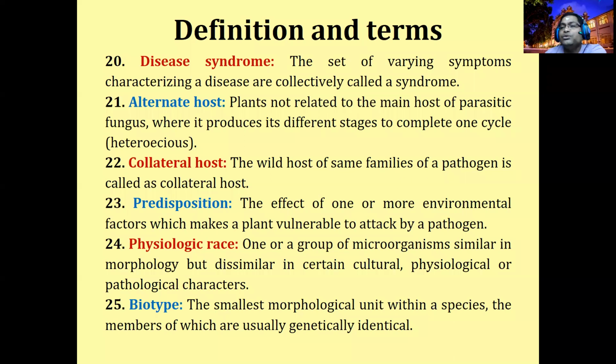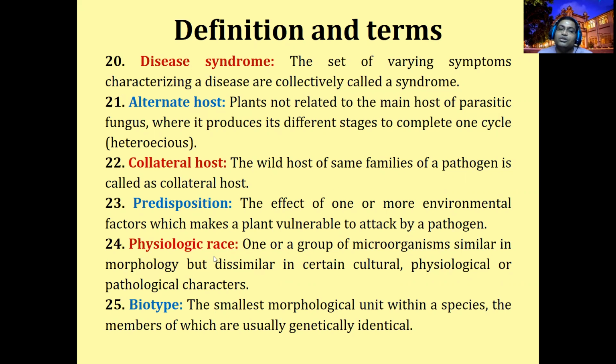For example, in high dew conditions the host becomes wet, so fungal spores can land and initiate infection more easily. When the temperature is low, host metabolic activity is low and the plant cannot take defense reactions immediately. That is what we call predisposition.